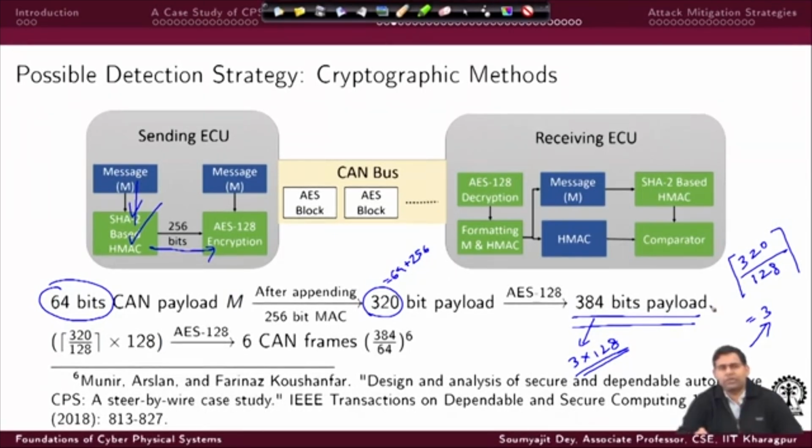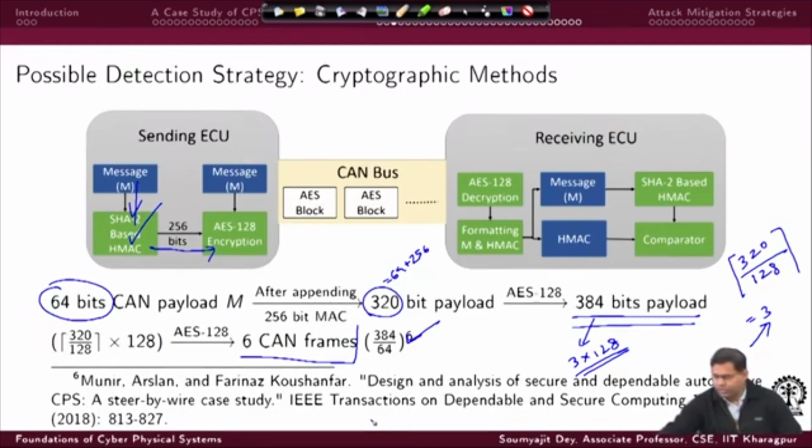Eventually that is why we are saying that when you start with 64 bits, you will end up with an increased load of 384. When you try to transmit it, this will actually result in 6 CAN frames. This calculation and example has been taken from this reference.